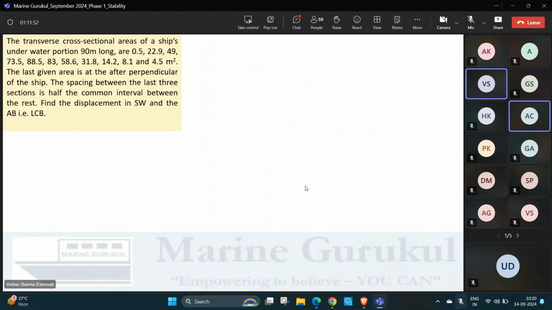Okay, guys. Now, how does this question differ from the previous one? Here again, there are transverse cross-sectional areas, but they are of the underwater portion. The same thing is also called underwater cross-sectional areas.